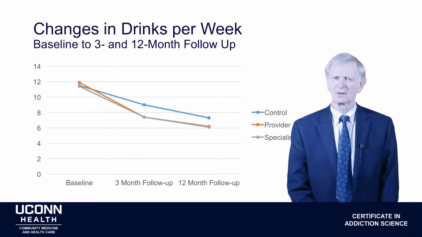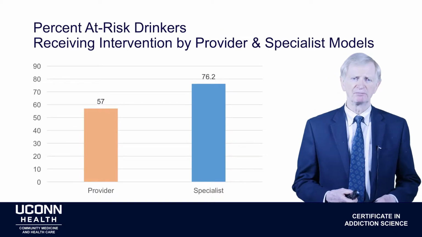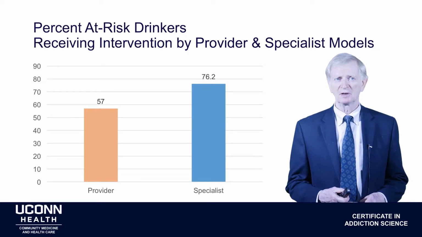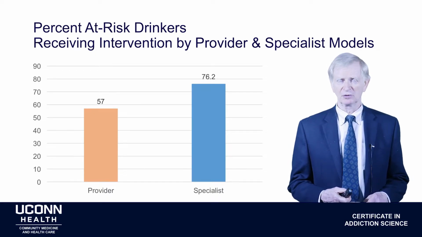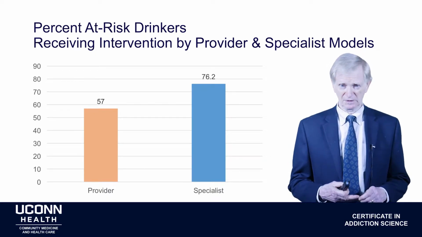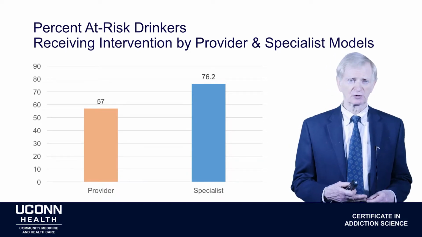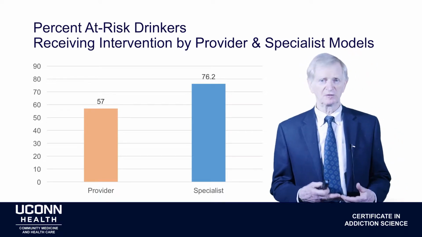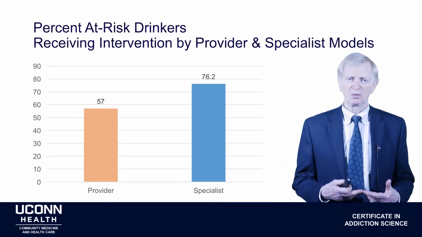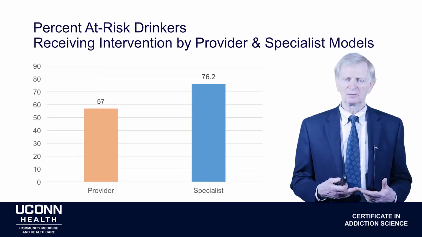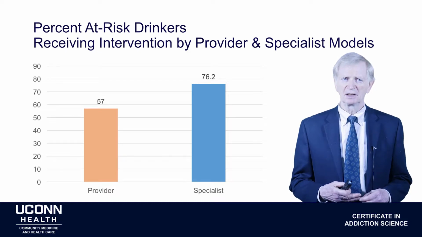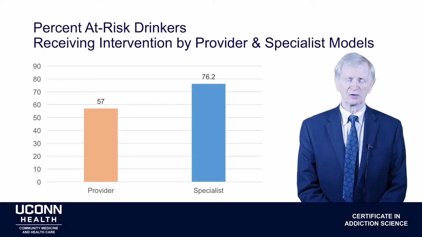Another finding from the Cutting Back study was that at-risk drinkers who received the intervention after the screening differed between the doctor-provider model and the nurse health educator specialist model. What happens in many attempts to implement evidence-based practice is that people get lost in the shuffle.